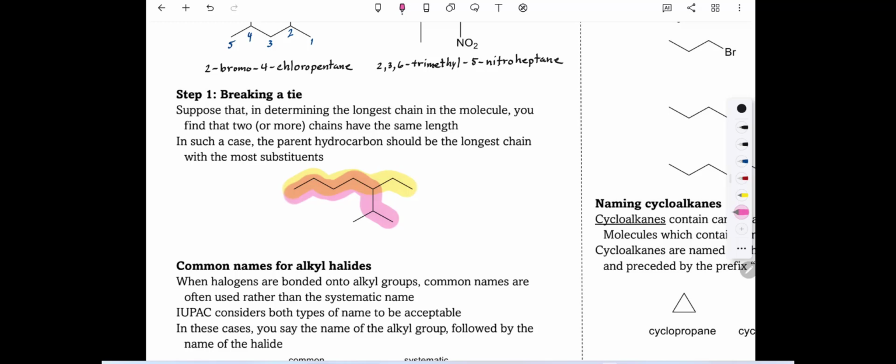The difference is the first path, and I know it might be hard to see with the 2 colors superimposed like that. The top path has only one substituent, and that would be an isopropyl group. The correct parent hydrocarbon is going to be the pink one. Let me go ahead and clear this all out real quick and redraw the pink.